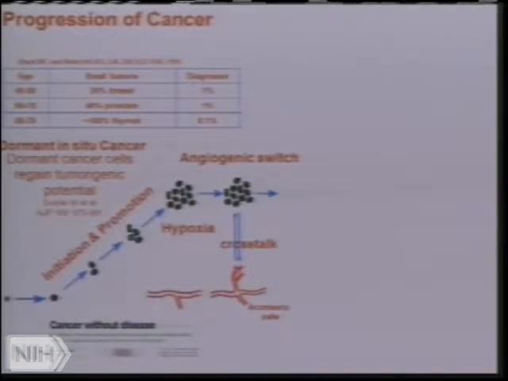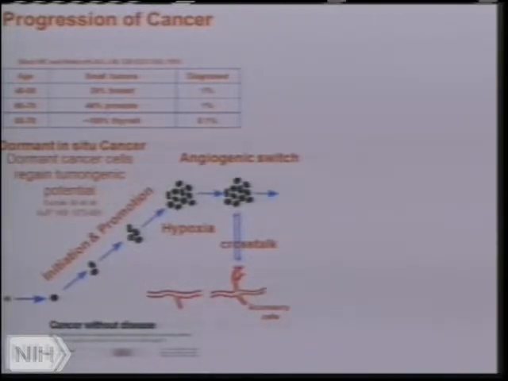These cells, when they reach a certain size, because they are not vascularized, there is no oxygen reaching these cells, they become hypoxic. And hypoxia is a powerful stimulus for angiogenesis. So there is a crosstalk that occurs between the tumor cells and the endothelial cells in nearby vessels, which results in induction of angiogenesis and a sprouting of vessels from these vessels toward the tumor cells.